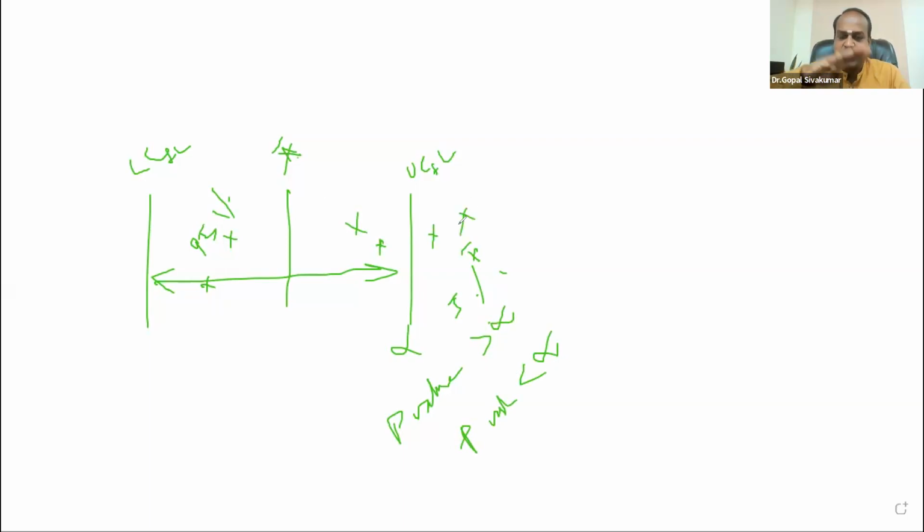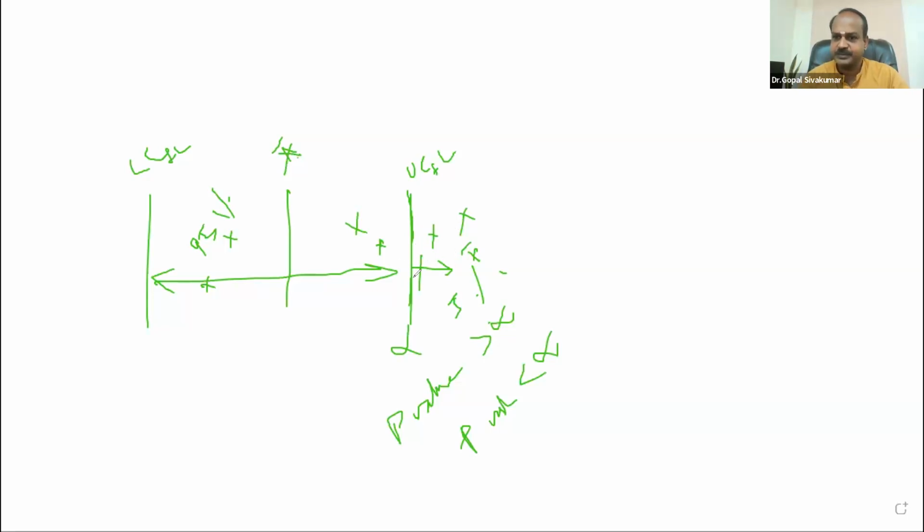Because what is the probability for your statistics to come out of the confidence limit? 5%. But now when you actually estimate the probability of the event, if that is found to be lesser than 5%, that means your statistics has gone outside. When your statistics comes exactly here, the outside area is 5%: 2.5 on the right, 2.5 on the left. But if it comes a little outside, the probability can drop further.